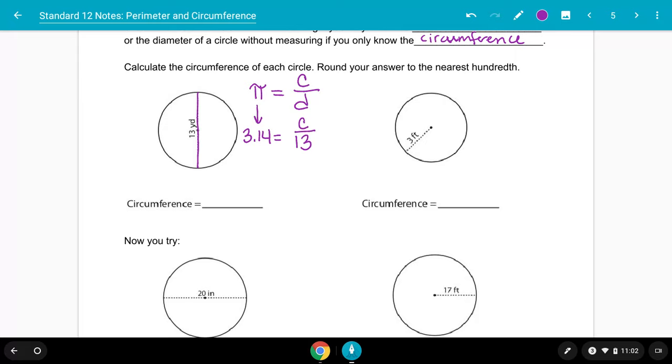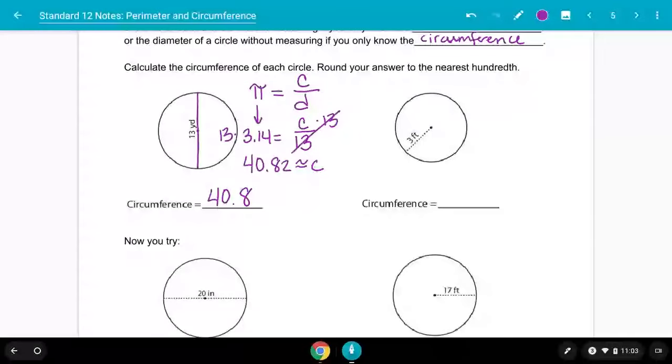How I do that is I undivide the 13. How you undivide something is you multiply. That cancels that, and I'm going to do 13 times 3.14, and I get the measure around this circle is approximately 40.82 or 40.8. The circumference is about 40.8.